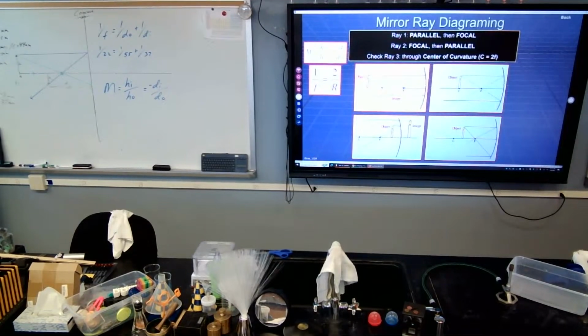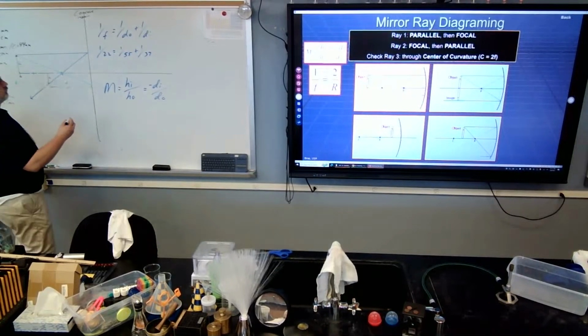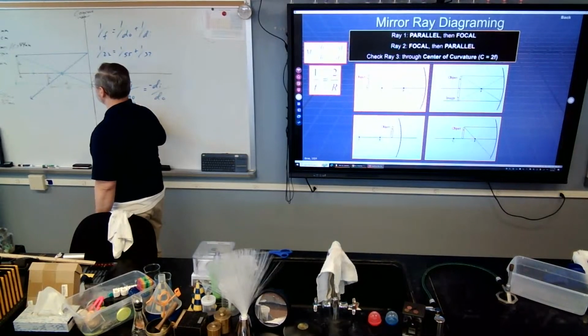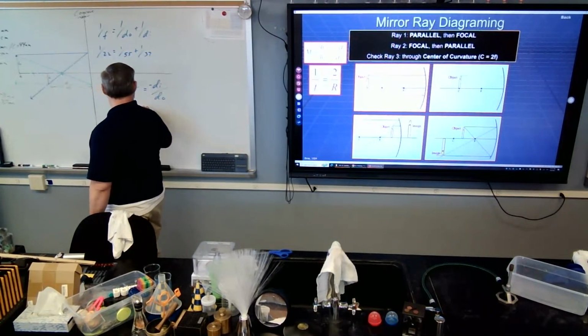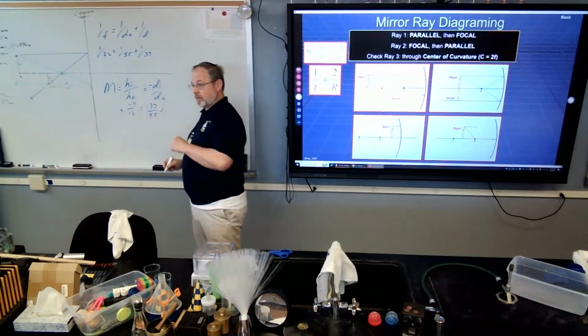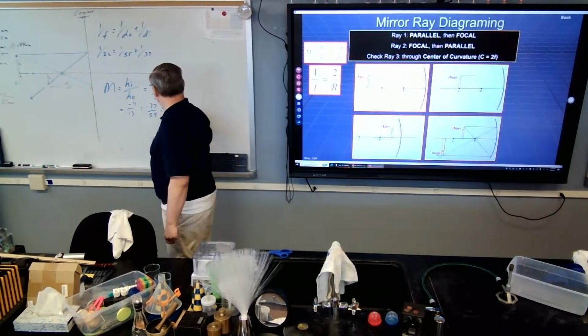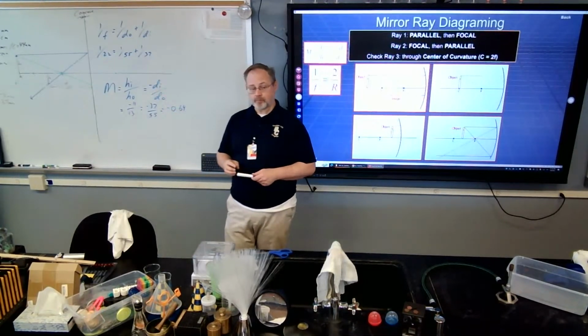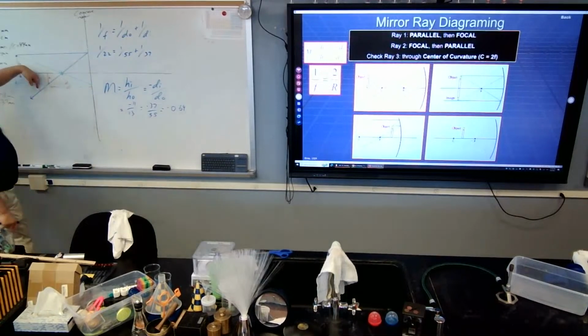It's 3 pages. What's the magnification? I got negative 0.69. So the negative tells us that it's an inverted image.